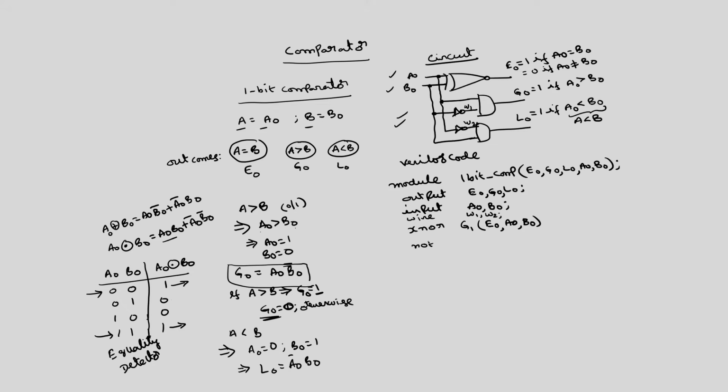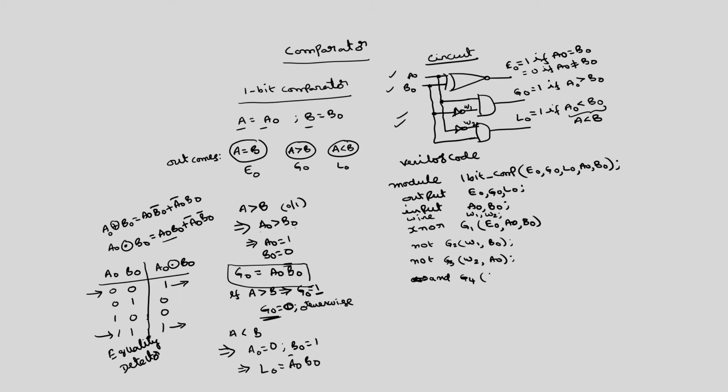Not, gate name W1, the input is B0. Not, wire is W2, input is A0. Now, using these wires, the greater than operation will be an AND gate, give this as G2, G3, G4.